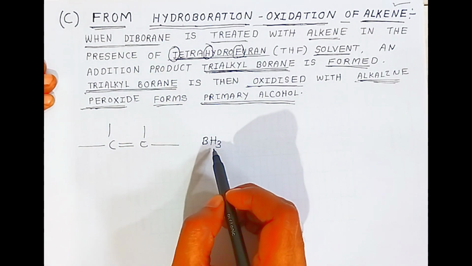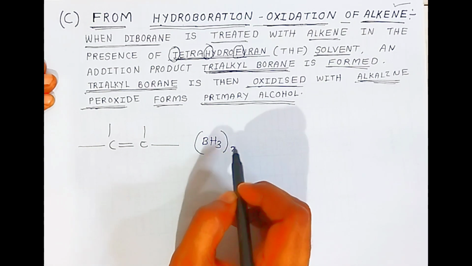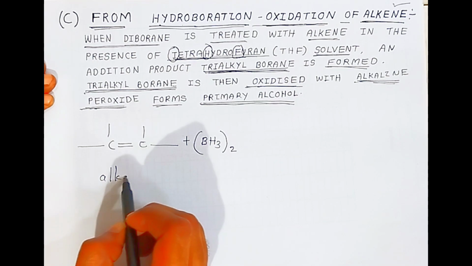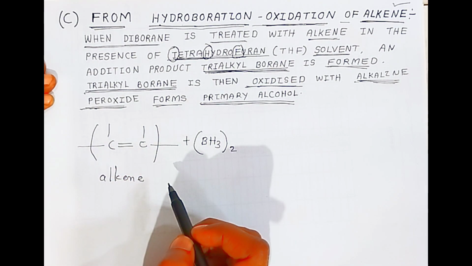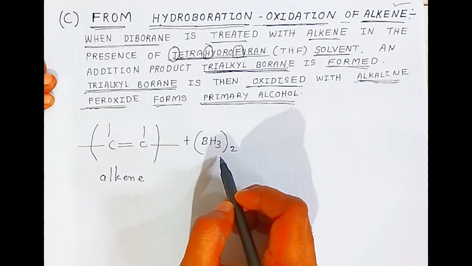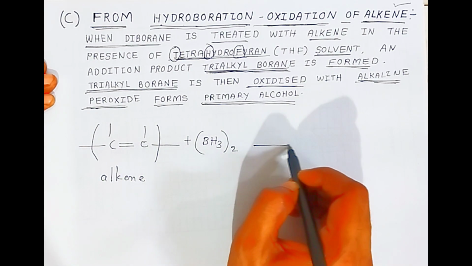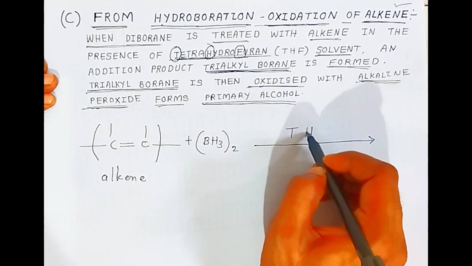This is borane, BH3, but here the word is diborane. Here we are using two boranes, so it is called diborane. When this diborane is treated with alkene, in general, what happens? This diborane reacts with the alkene in the presence of a solvent, and the solvent name given is THF.